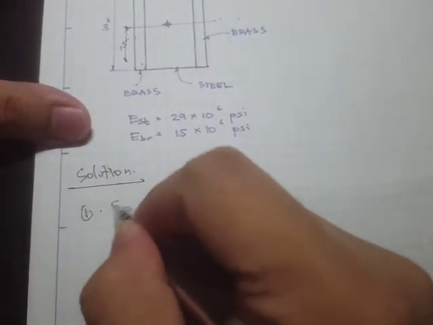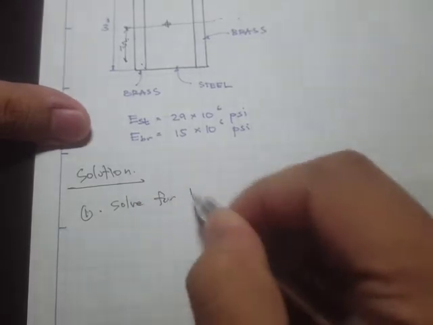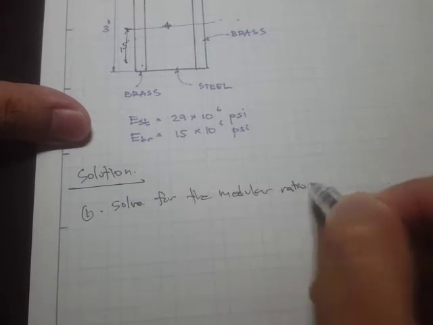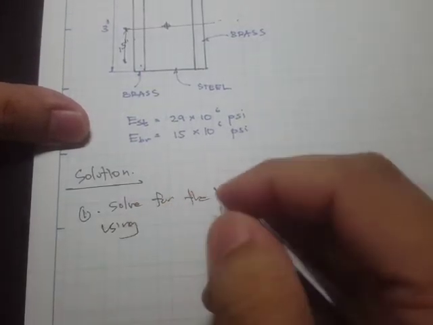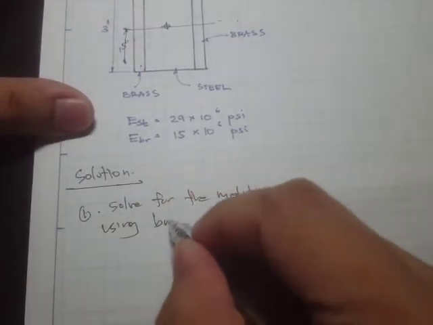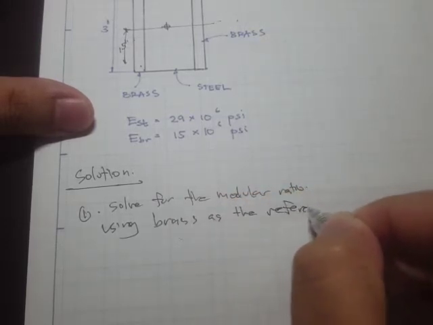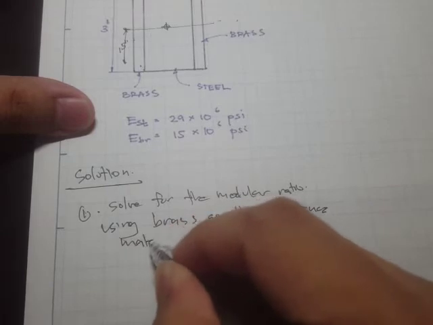So first, solve for the modular ratio. Let's choose the brass as the reference material.